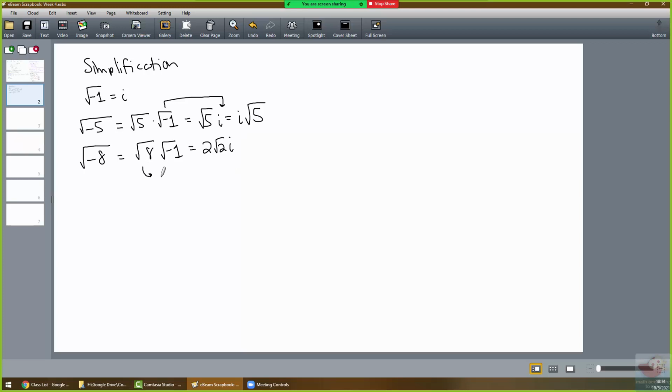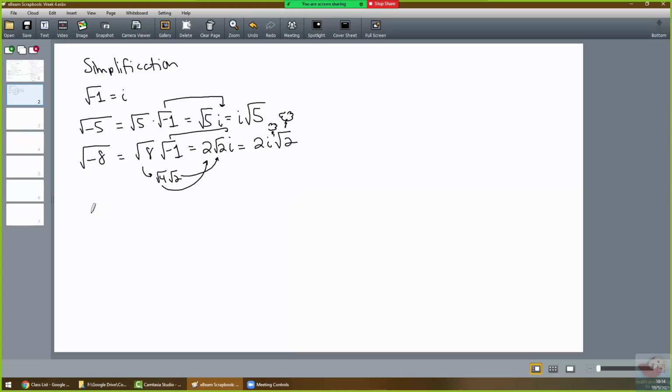Very good. 8 is 4 and 2. So square root of 4 becomes 2, and square root of 2 just sticks around, and the square root of -1 becomes i. Same deal, you might put the i before the radical so there's no confusion. Like there's a thunderstorm and the i is scared, so it sneaks in between. That's fine. It happens.